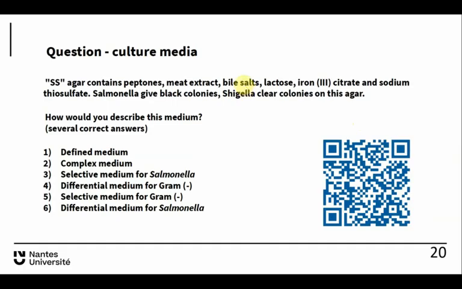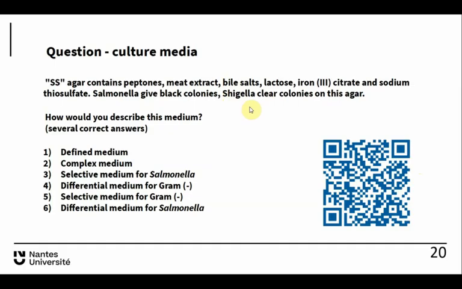Okay. And the last one is differential or selective for Salmonella. So it's the same kind of question. If it's selective, that means only Salmonella will grow on this, okay? If it's differential, Salmonella can grow and something else can grow, but the Salmonella will be a different color. And that's correct, isn't it? Because it says Shigella gives you clear colonies and Salmonella black colonies.